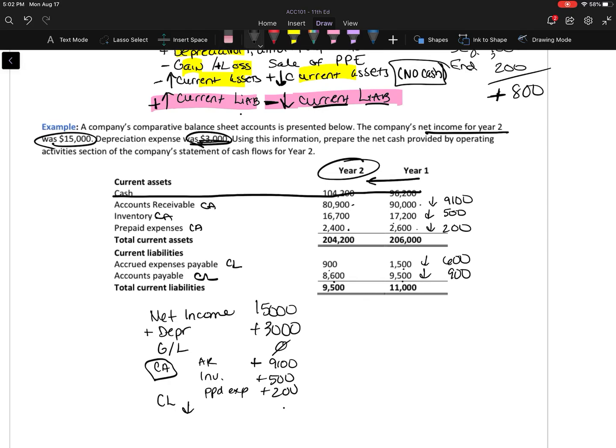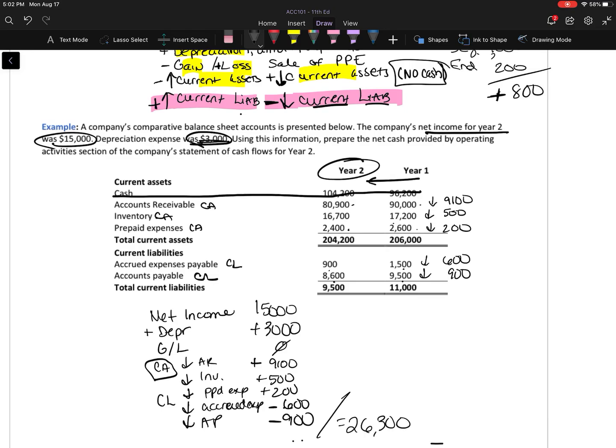I also have a decrease in my accrued expenses, and I have a decrease in accounts payable.